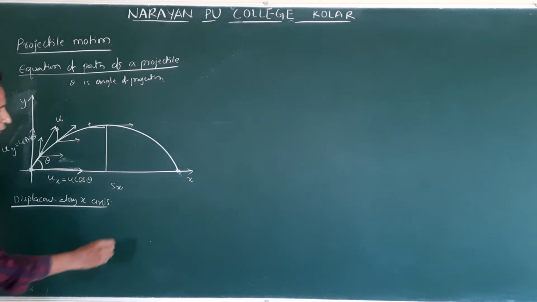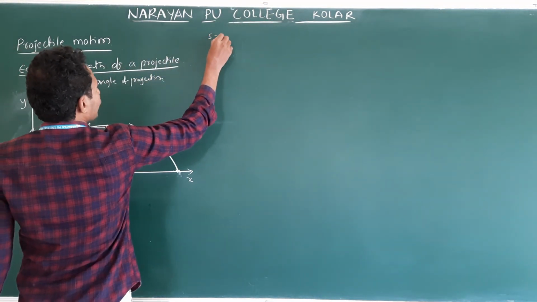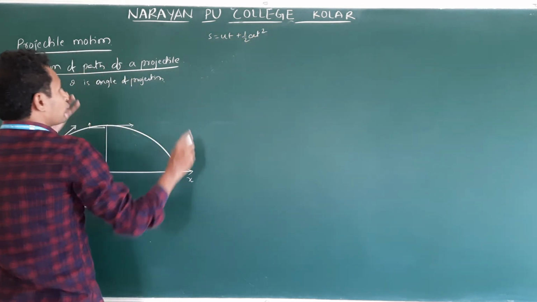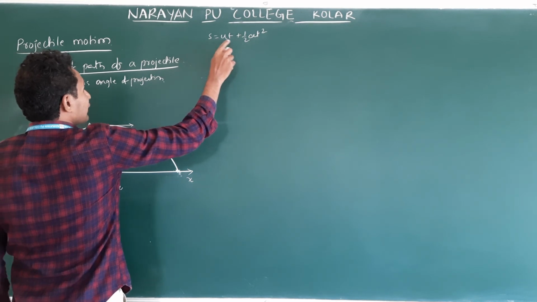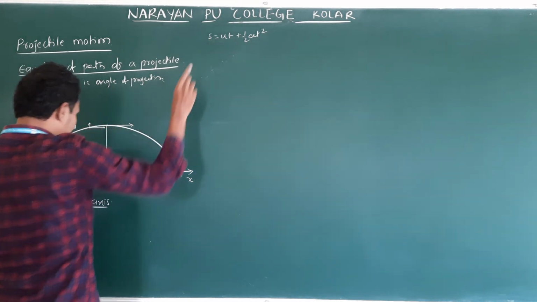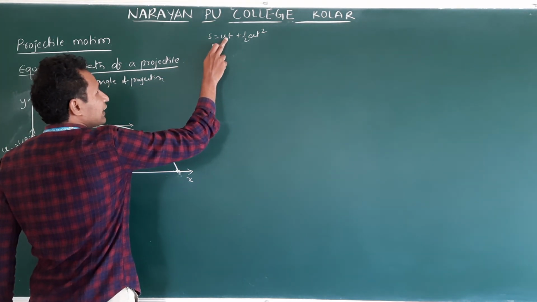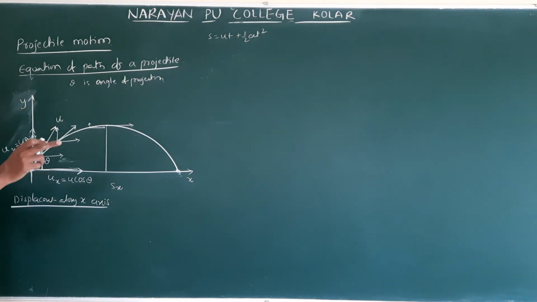What is the displacement formula? The general formula: S is equal to ut plus half at square. So we need to know velocities along the x direction, y direction. This displacement we are finding now, along the x direction. So I need to know the initial velocity along the x direction and the acceleration along the x direction. So that we need to find.